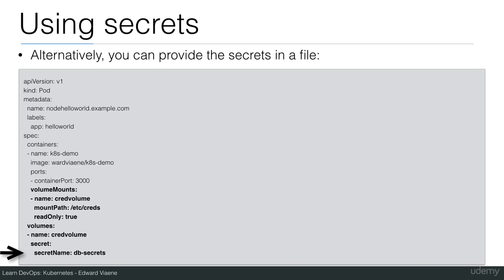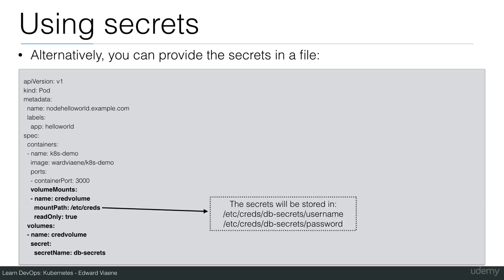So all the keys and values of database secrets will now be put in this /etc/creds folder, and the secrets will be stored in /etc/creds, database secrets, the name of the secret, and then the keys. You have the keys username and password, so you will have two files, username and password, that the application can then read. The only thing that the application needs to do is read those files, and it can then use the secrets within the application.